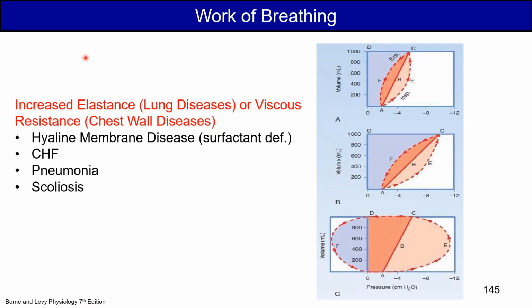The work of breathing may be increased in pathological conditions. Elastic work of breathing may be increased in lung diseases, or tissue resistance work of breathing may be increased in chest wall diseases. Examples are hyaline membrane disease, congestive heart failure, pneumonia, or scoliosis. In hyaline membrane disease, there's deficiency of the surfactant and therefore there's increased lung elastance.